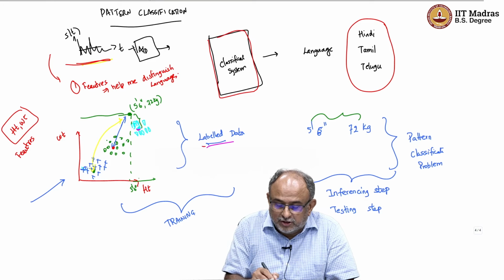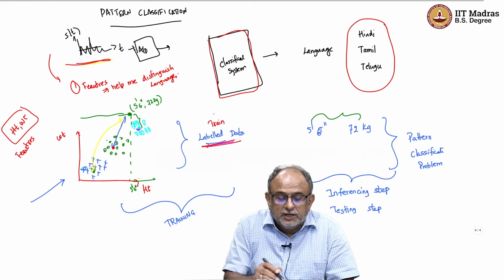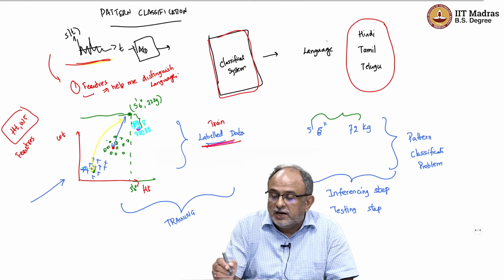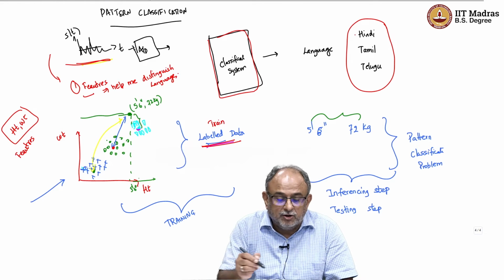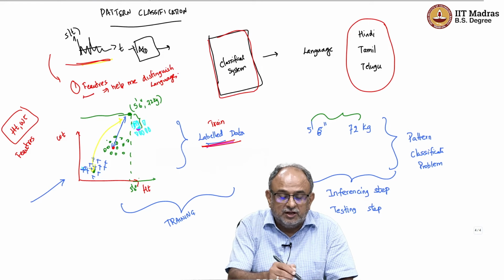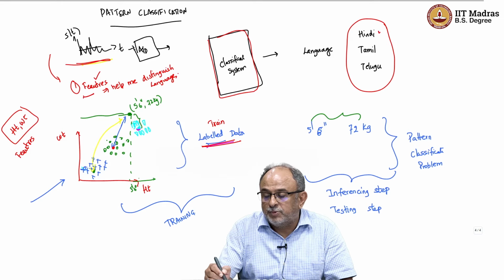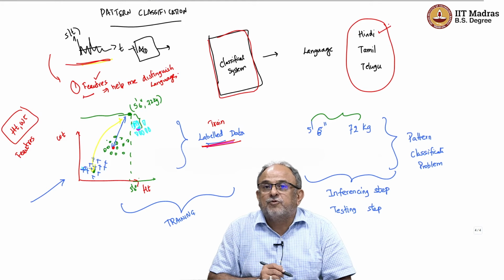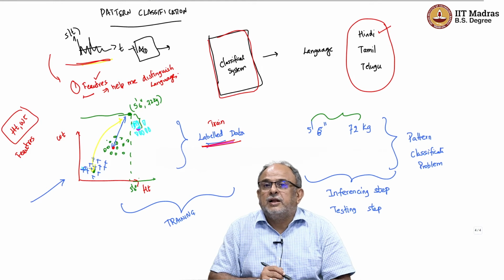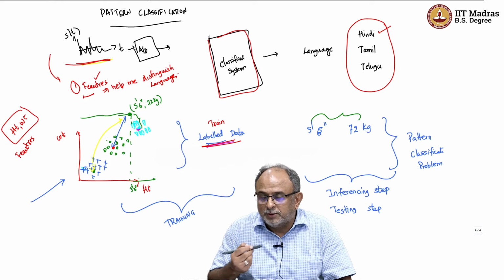So that is what we are using labeled data for, to train, such that given this feature as the input, I will try to find out the language. Because it's labeled data, I know that a particular clip came from Hindi, I know another clip came from Tamil and so on.